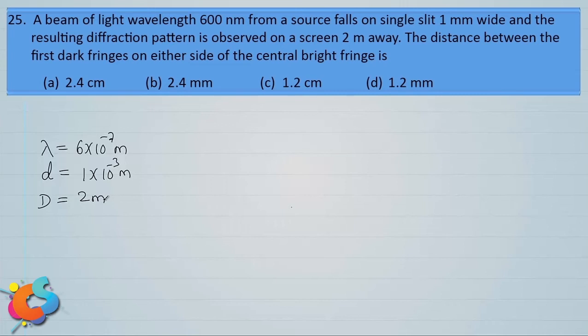When you have a look at the fringe pattern in Fraunhofer single slit experiment, you'll come to know that the distance between the first minima on either sides is nothing but the linear width of central maximum.